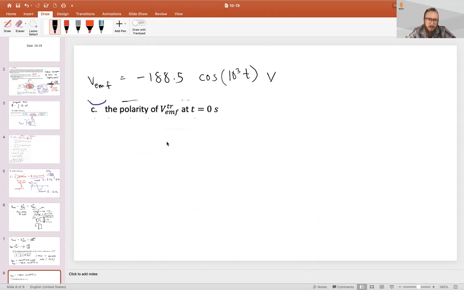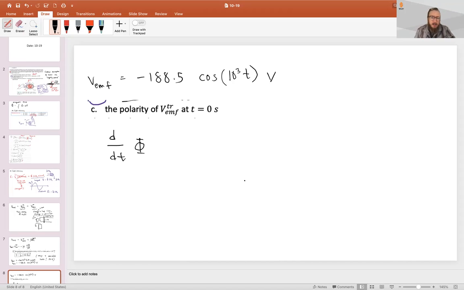And so this is basically Lenz's law. And there's two ways that we could think of this. The first is, based on Lenz's law, we have this d phi dt.